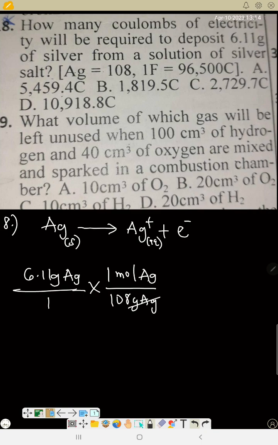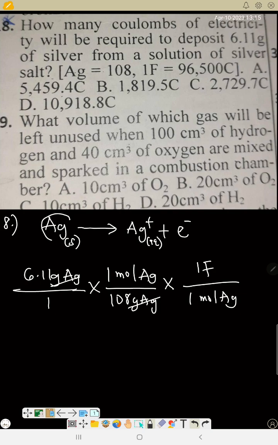We cancel gram of silver because the atomic mass of silver is 108. Then I'll use my half reaction to remove this mole of silver because I'm going to coulomb. So 1 mole of silver will give 1 Faraday.